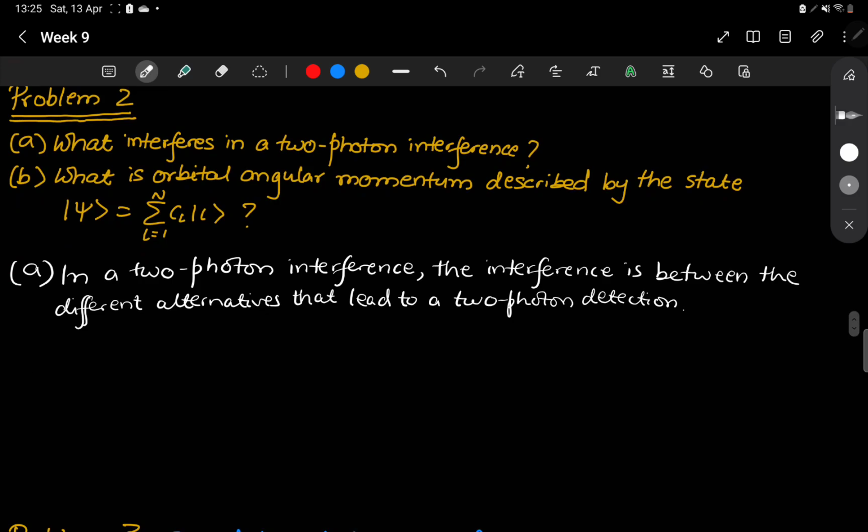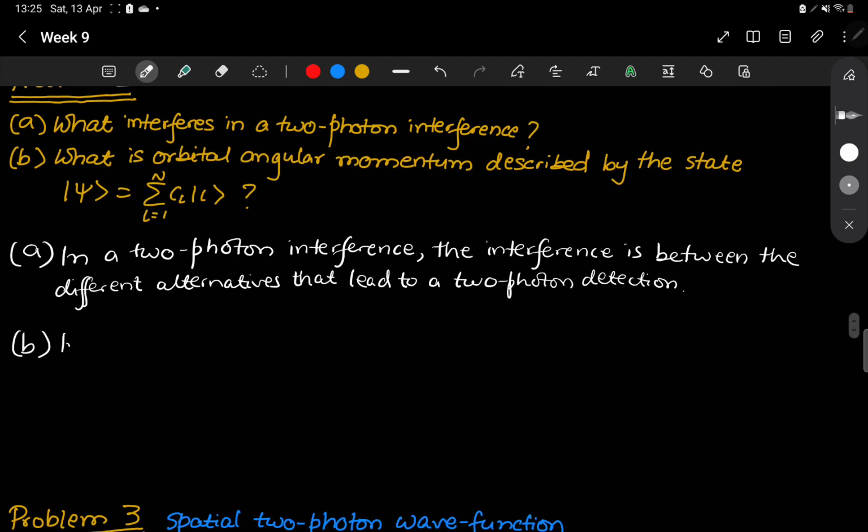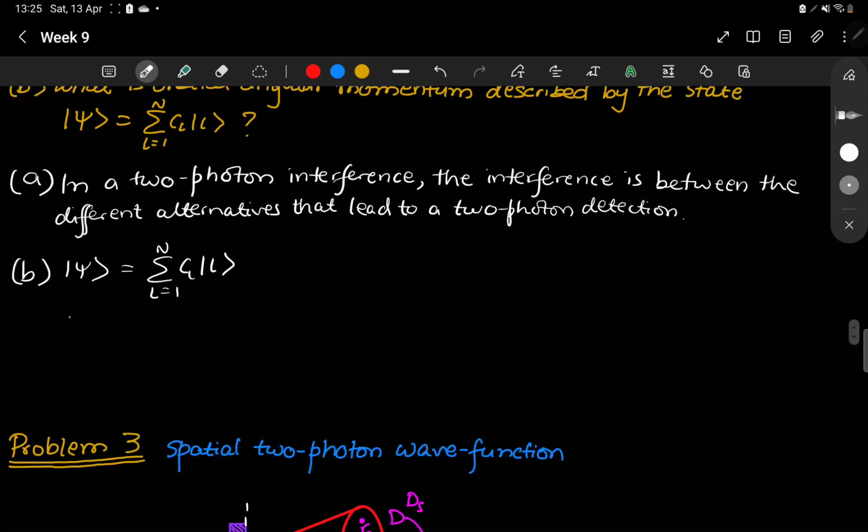Part B. In a two-photon, sorry, psi is given as this. Now psi is a superposition state of n OAM modes.